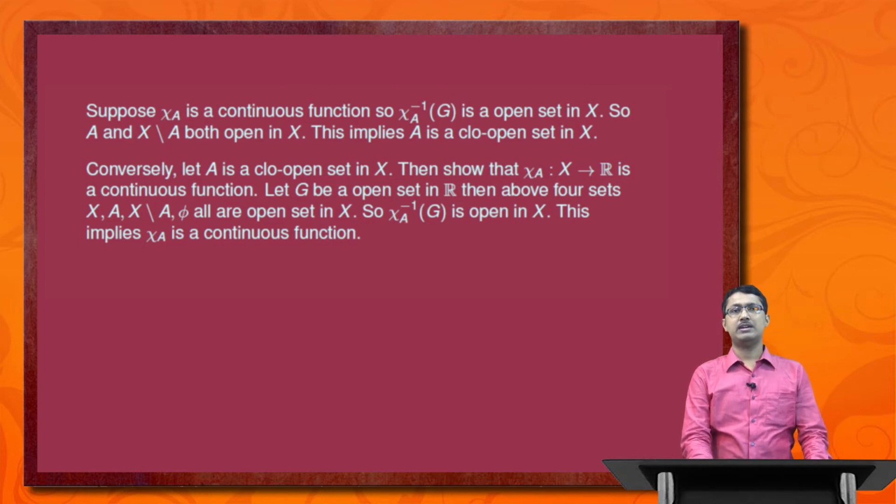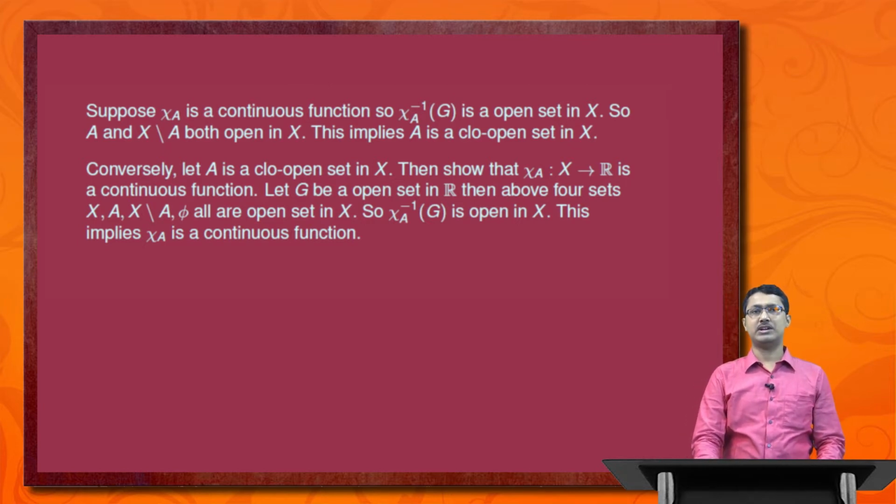So chi A inverse of G is an open set, and this implies chi A is a continuous function.